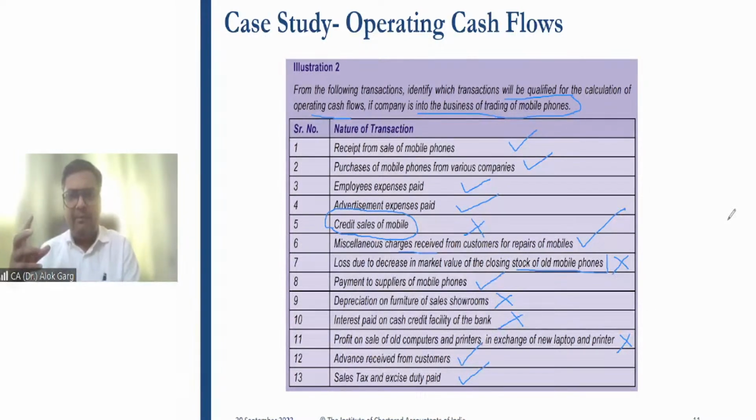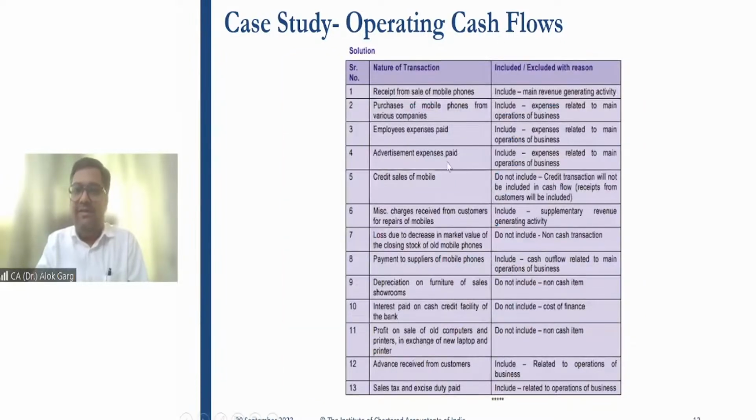First of all, my question would be, is it a cash flow? Answer is no. If it is not a cash flow, it will not come anywhere. So friends, this is what we have discussed, and the answers are given with the explanation of why it is an operating activity and why it is not.